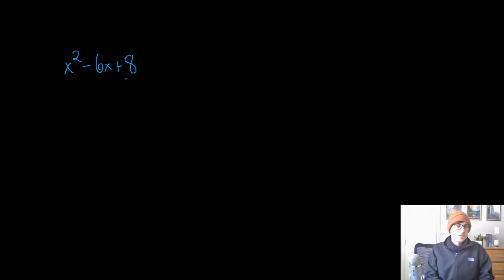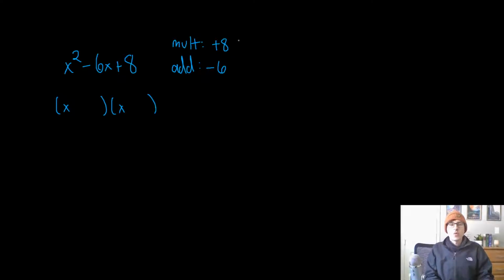Okay, so again, I know if I'm down here, I have my x and I have my x. Now the question is, I need two numbers that multiply to positive 8, and I need two numbers that add to negative 6. Okay, so I need to fill in the blanks here with two numbers that multiply to 8 and add to negative 6. So I always start and say, what multiplies to positive 8?